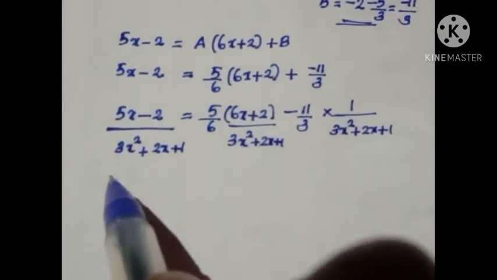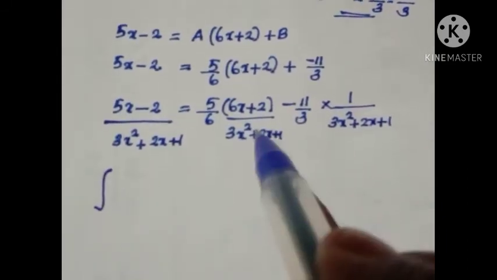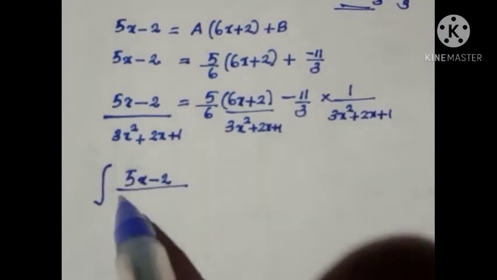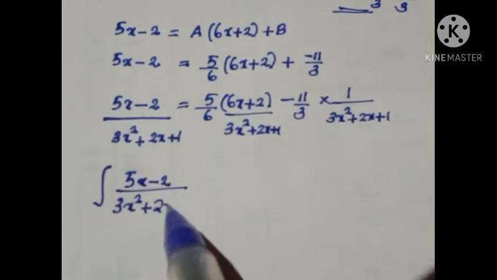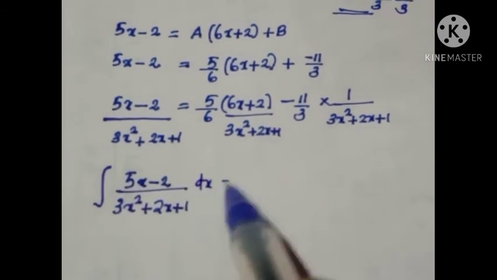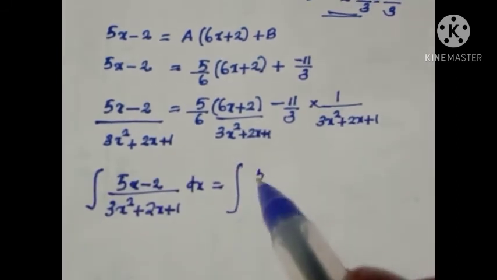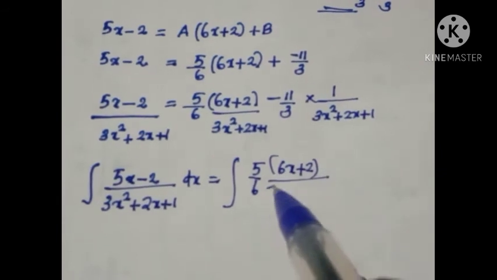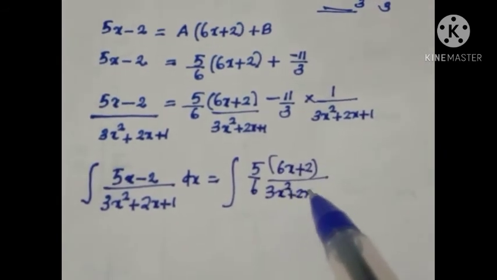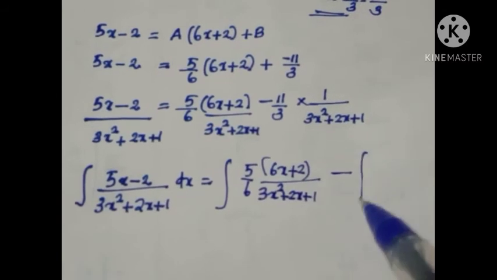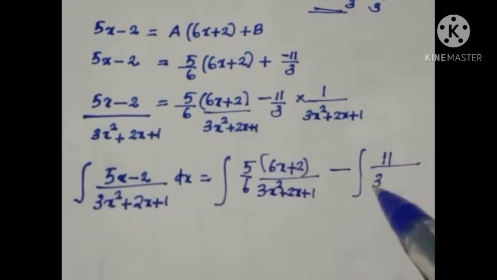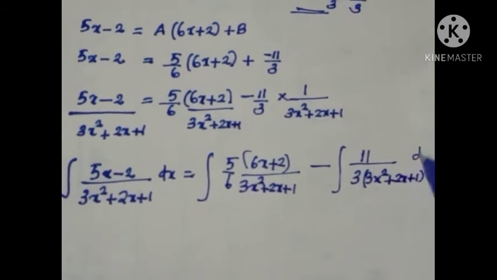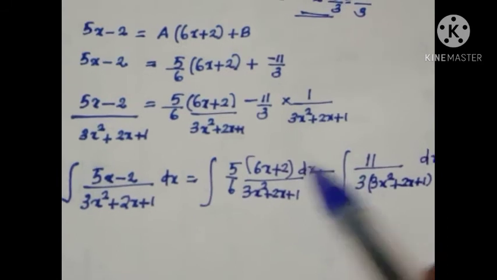Now the next step is to integrate. Give integrals to these factors. So the integral of (5x − 2) by (3x² + 2x + 1) dx equals the integral of 5 by 6 into (6x + 2) by (3x² + 2x + 1), minus the integral of 11 by 3 into 1 by (3x² + 2x + 1) dx.